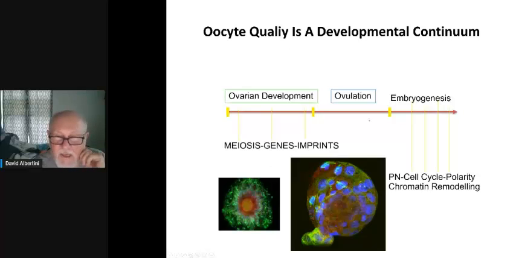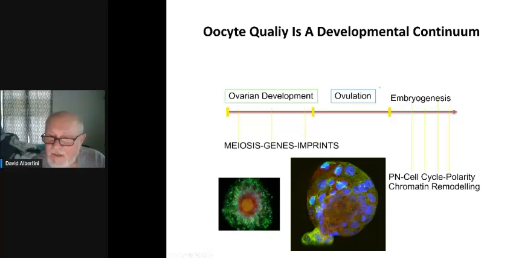So when it comes time to triggering ovulation, we really have to rely upon the final quality checkpoints, if you will, that will take the ovulated oocyte and prepare it for fertilization and subsequent development.